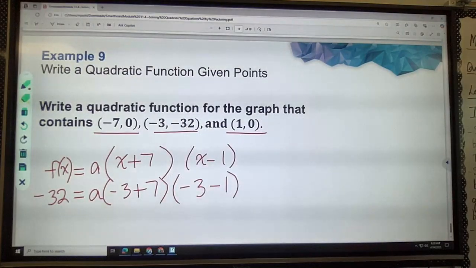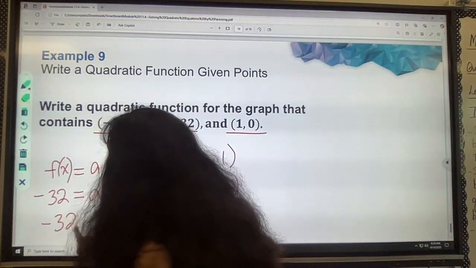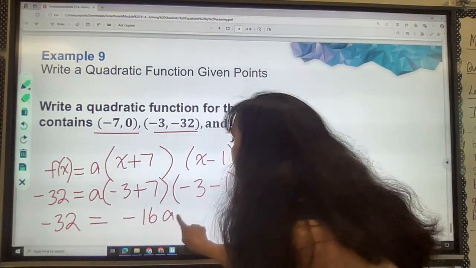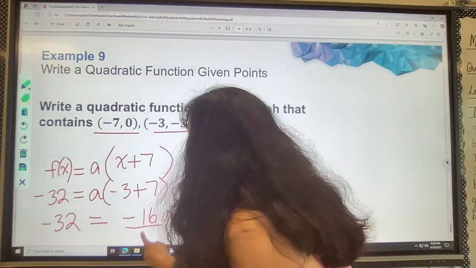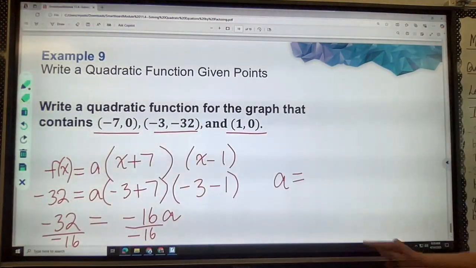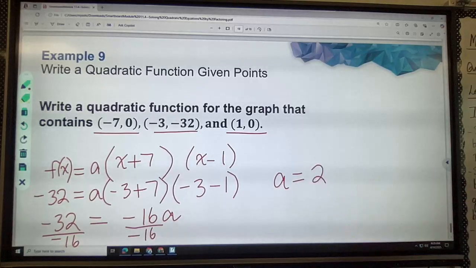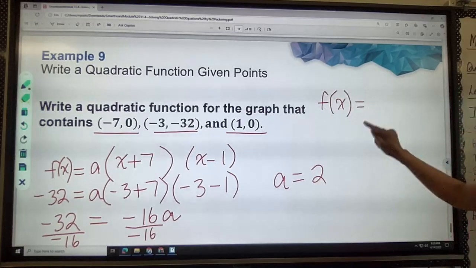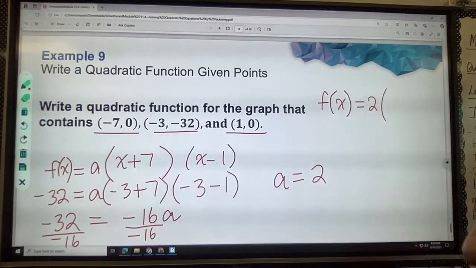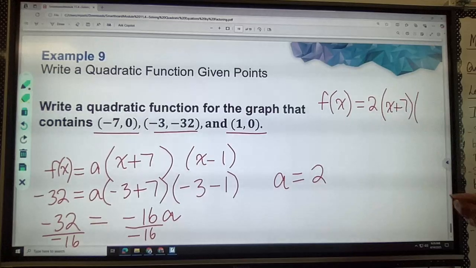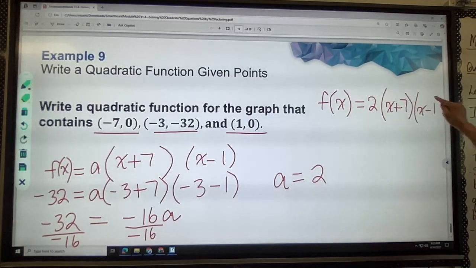And so I end up with -32 is equal to -16a. And so therefore, divide both sides by -16, and I get a is equal to 2. Okay, once I've found this, I am going to go ahead and write the function. My factored form, f of x is equal to, what is a, is 2, and I have my x plus 7, and I have x minus 1.